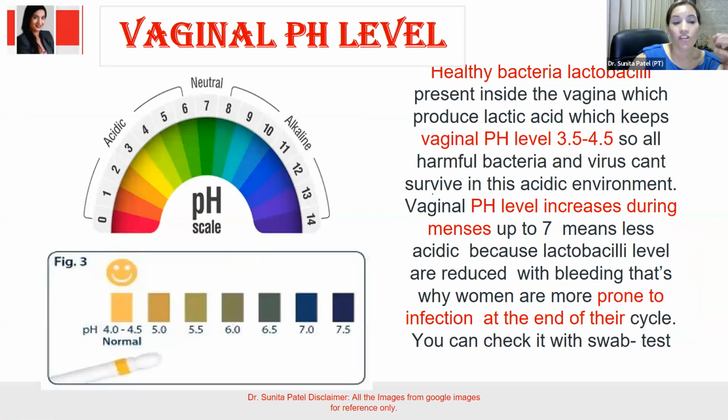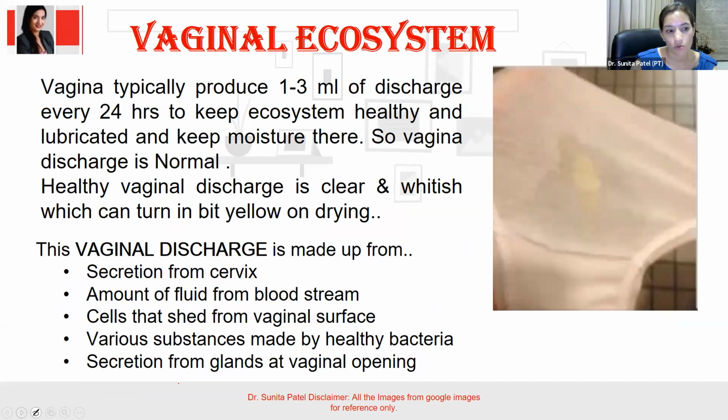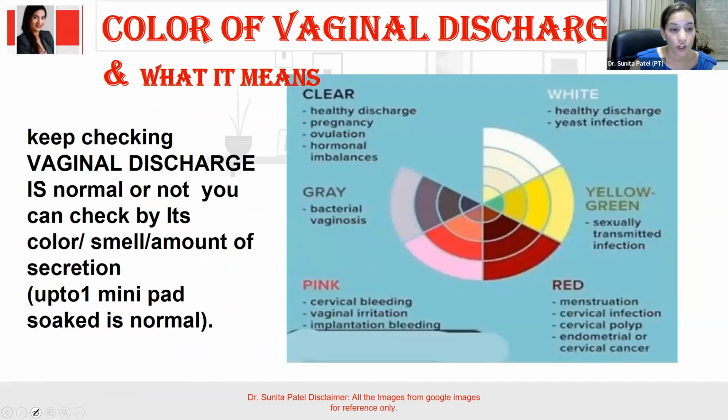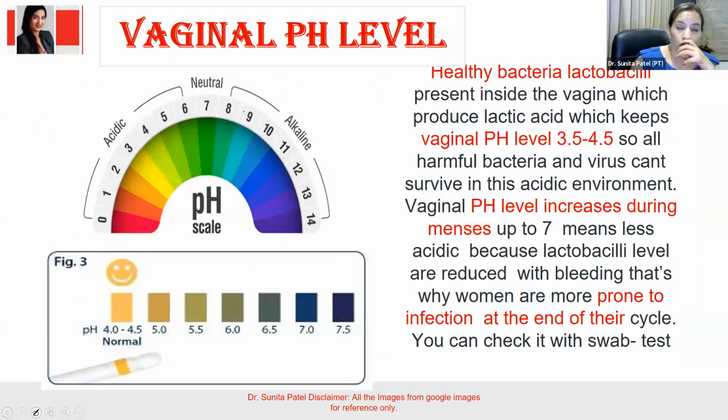Okay. Vaginal pH level is another important thing. The vagina has its own ecosystem, and that is a very healthy ecosystem, which our vagina is creating. That is responsible for the functional vagina. As I told you, the whole vagina is highly vascular. Too many blood capillaries are present in the upper 2/3 part.